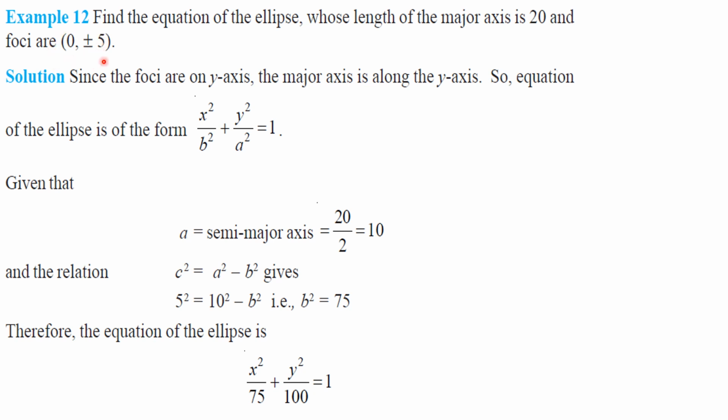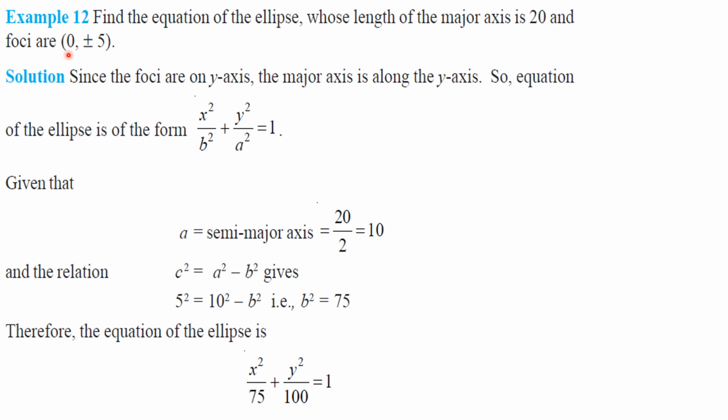First, focus on this point, the coordinates of foci of the ellipse. Where will they be? Yes, these foci lie on the y-axis because here the x coordinate of these foci is 0. Yes or no, my children? Understood this point?